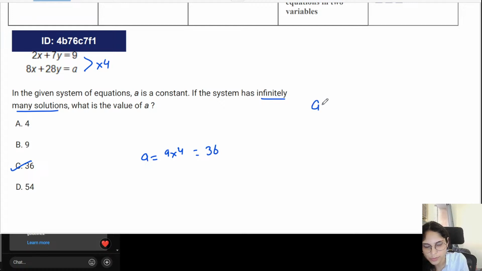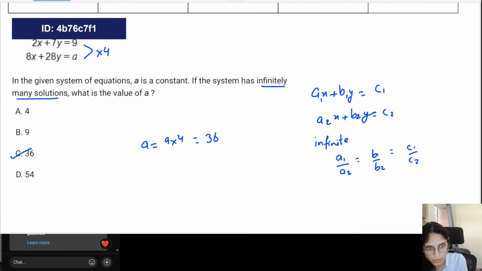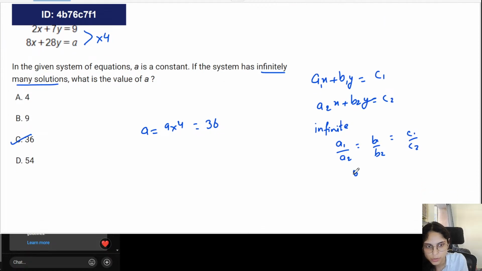Also, when standard form is given to you, a1x plus b1y is equal to c1, a2x plus b2y equals c2, for infinite solutions, a1 over a2 is equal to b1 over b2 is equal to c1 over c2. So 8 over 2 is 4, and that is equal to a over 9, so a is 36.